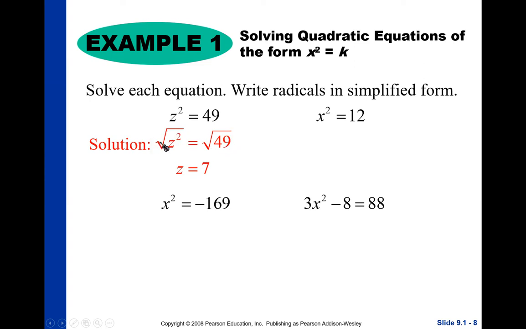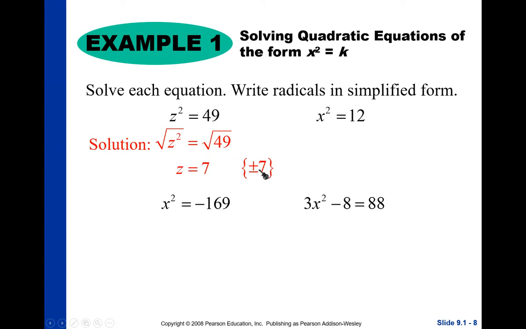So, cancel para matira ay z. Then, kung naglagay ako ng square root dito, maglalagay din ako ng square root sa kabilang side. So, anong square root ng 49? The square root of 49 is 7. So, the answer is z is equal to 7. Or, ang magiging set niya ay positive or negative 7.